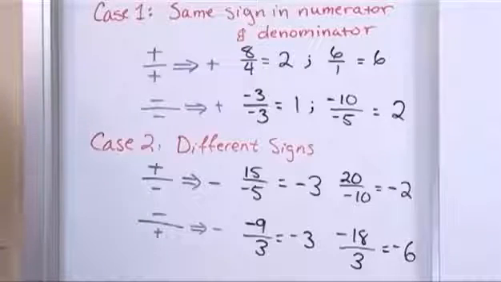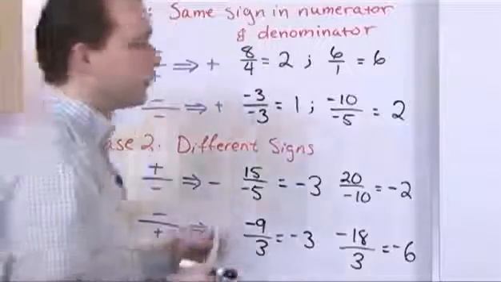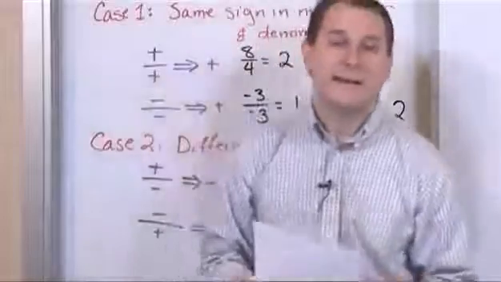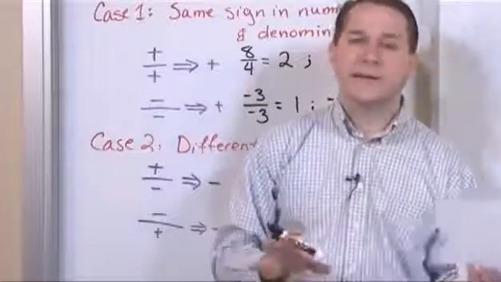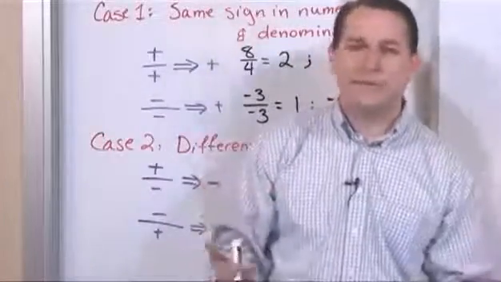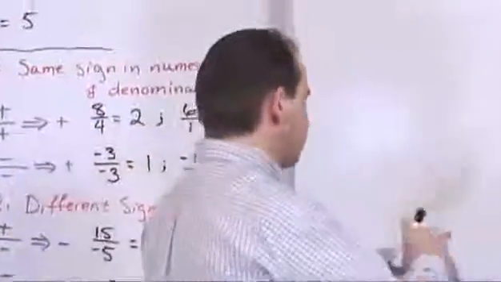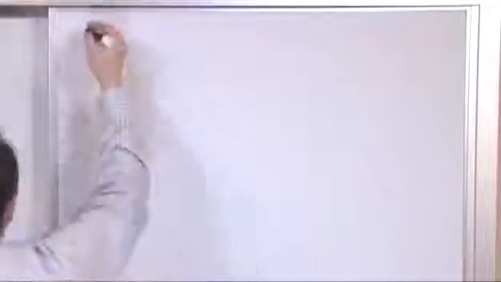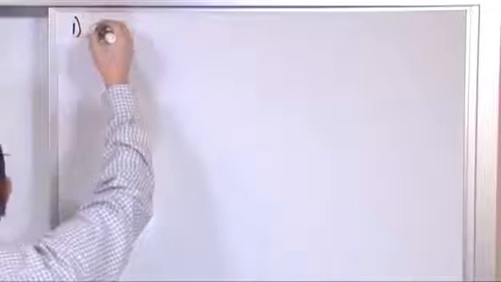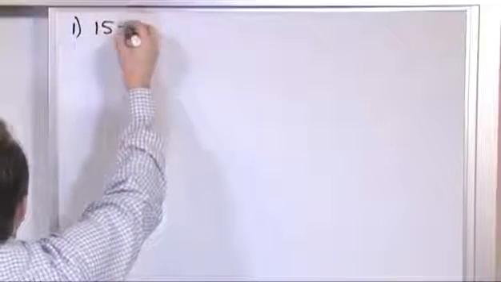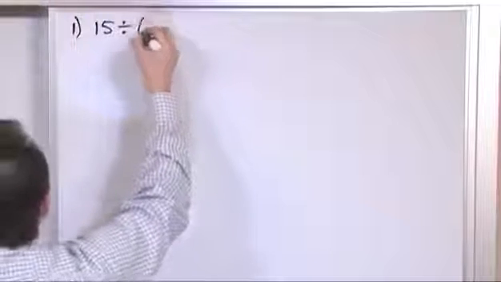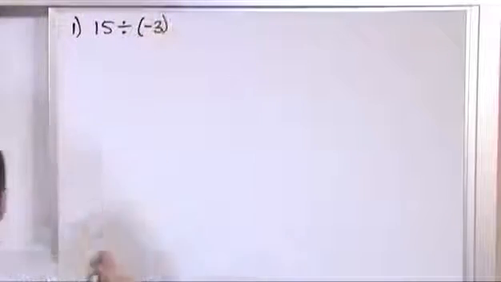So we're going to go ahead and work a bunch of little problems here to give you some practice in dividing integers. But really, once you know how to multiply them, dividing them is really the same thing. So let's go ahead and work on that now. Let's say we had, just to start off a little bit easier, now, we don't typically see this written too much in algebra, but I'm going to give you a few problems written like this just because your book is probably going to have some like this. 15 divided by negative 3.